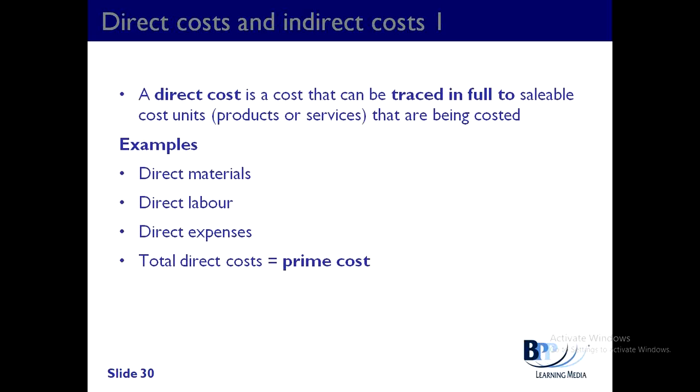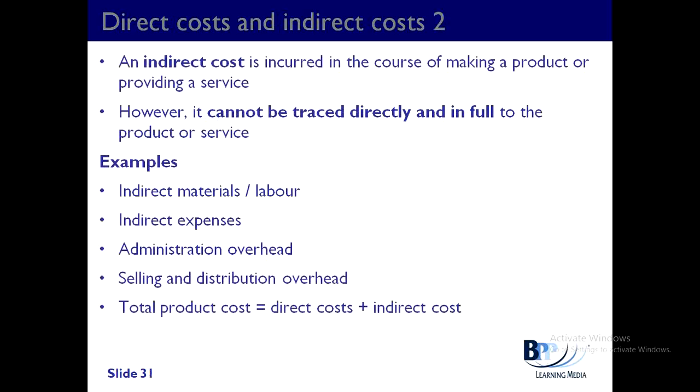What are indirect costs? An indirect cost is incurred in the cost of making a product or producing a service. It cannot be traced directly and in full to a particular product. We have indirect materials and indirect labor.